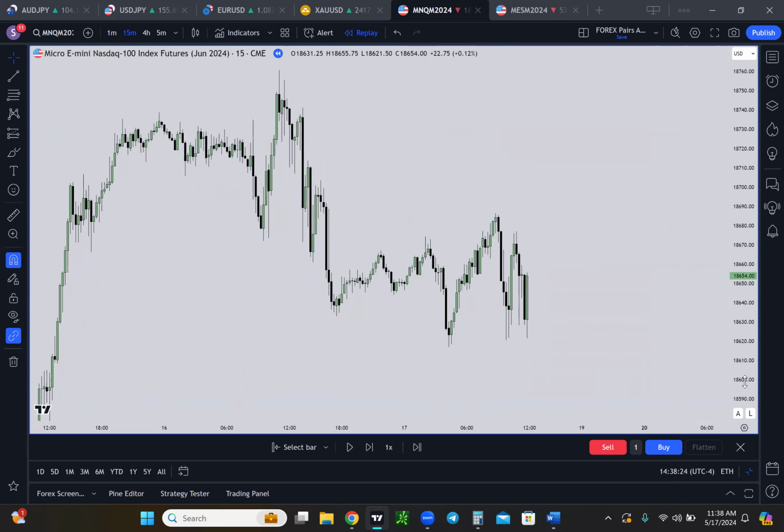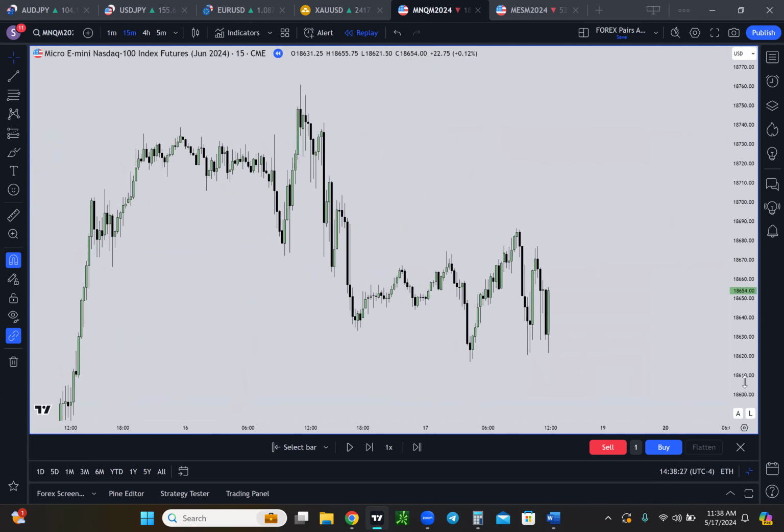All right. This is where price was when I woke up this morning at a little after noon Eastern time. Now you look at this. This is a naked chart. I don't use any indicators.